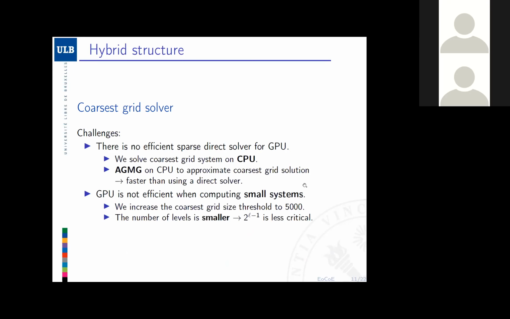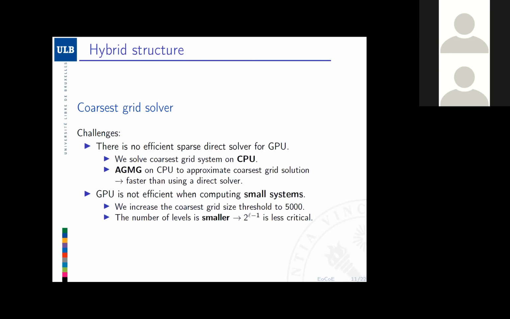We are going to solve this on CPU, and also instead of directly solving this coarser system, we are going to execute a sequential version of AGMG on CPU, which is going to be faster than using a direct solver. And the second challenge is that GPU is not efficient when computing small systems.